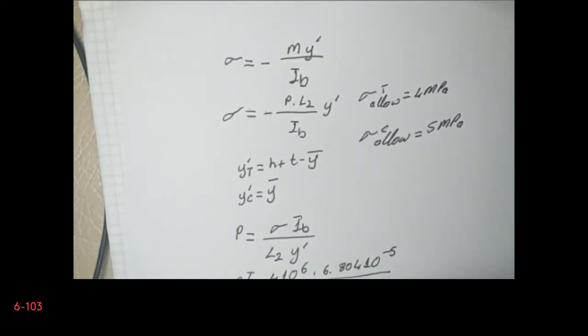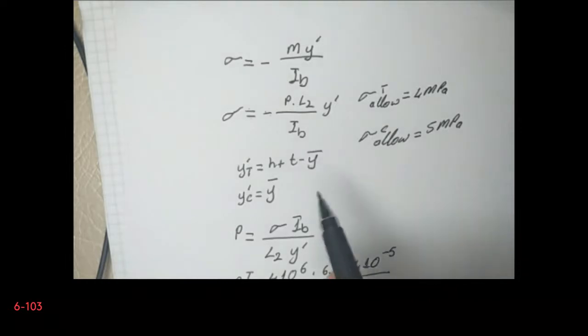Value for the L2 is 1 meter, and then it is YT, so it is H plus T minus Y bar.